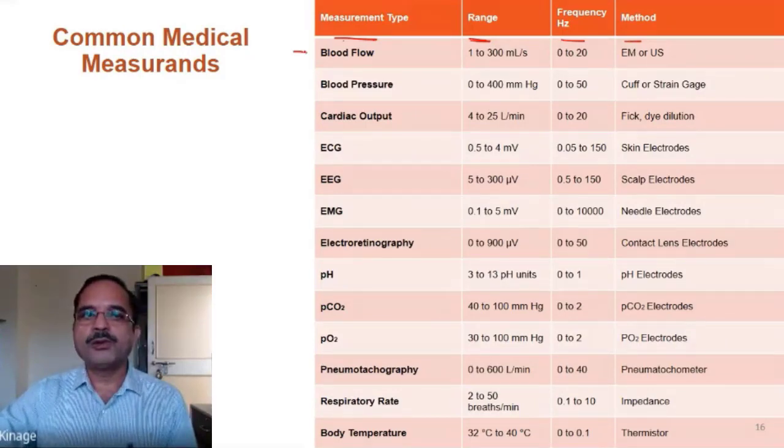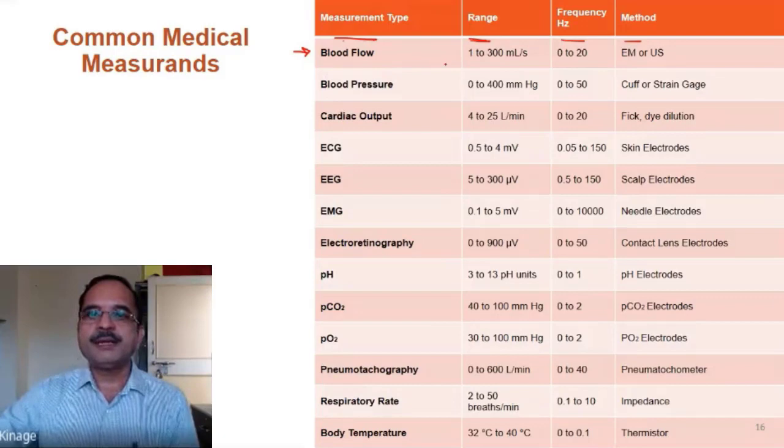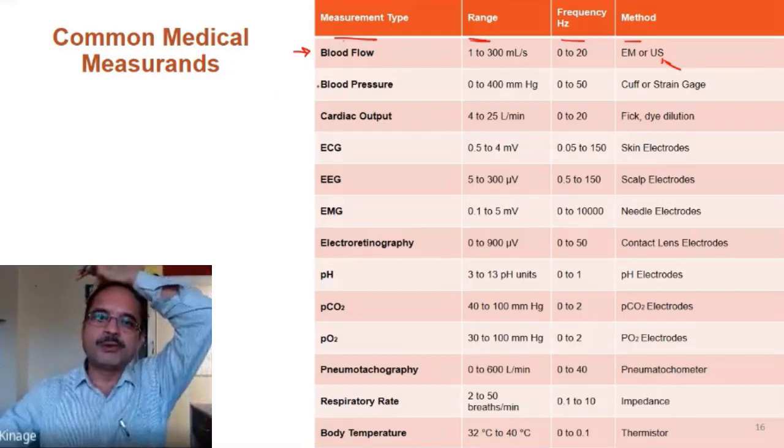Blood flow is in the range of 1 to 300 milliliter per second. Frequency is 0 to 20. And these are some measurement techniques for this blood flow.